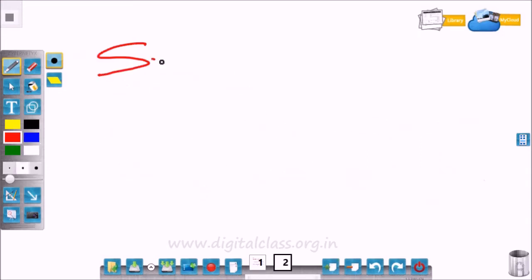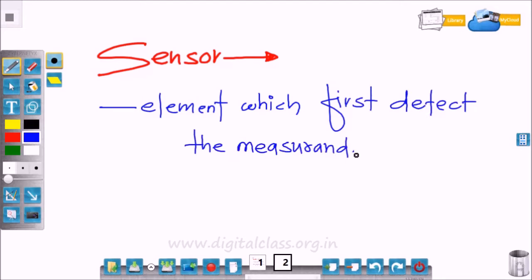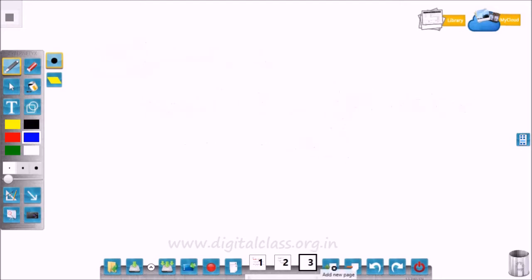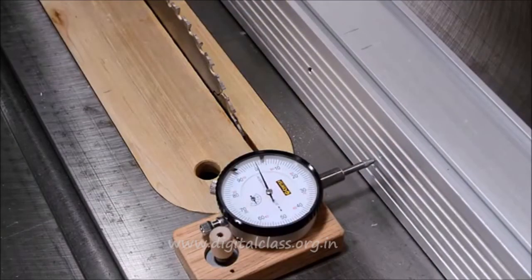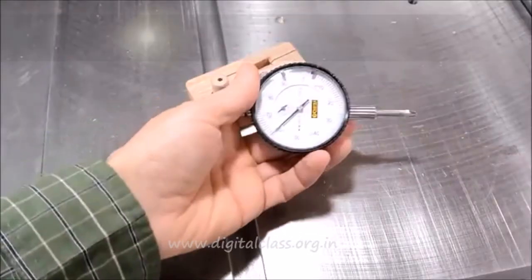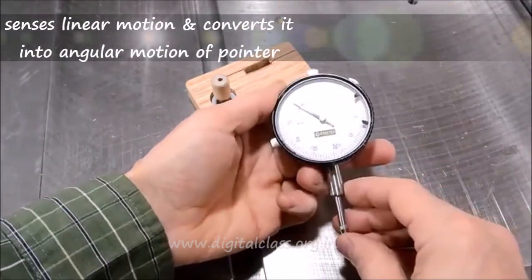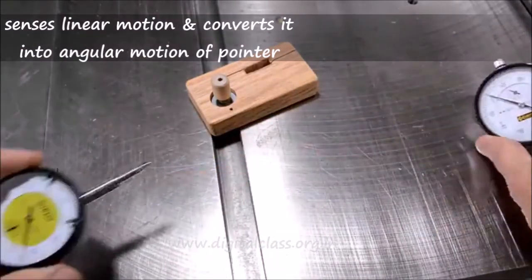Now, a sensor is an element of a system which first detects a measurement. For example, in the case of a dial indicator, the spindle of a dial gauge is the sensor, which senses the motion and converts it into angular motion of the pointer.